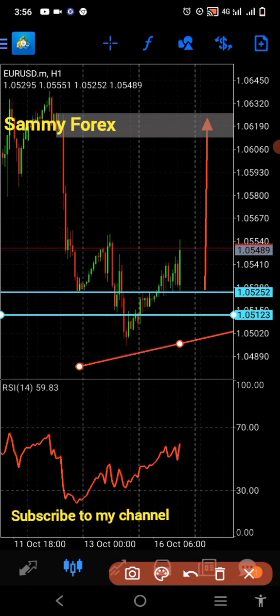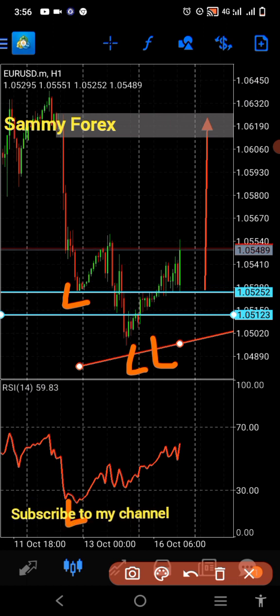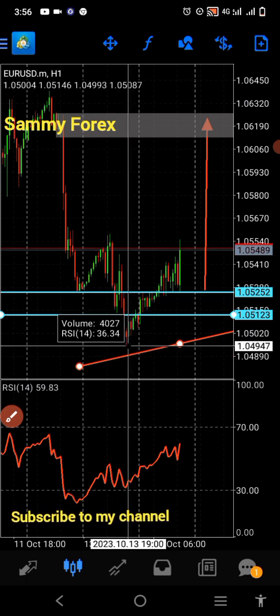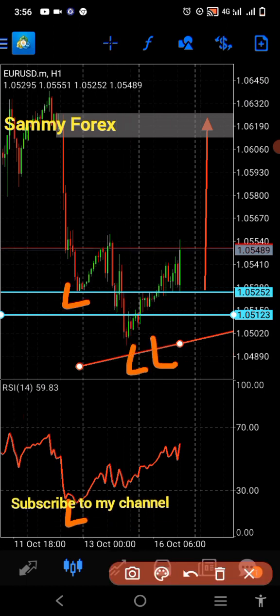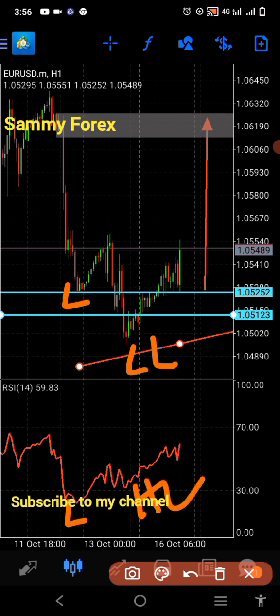Now you can see this is one of the lows, and this is the corresponding low. Price had a lower low, but on the oscillator, if you look at the crosshair, we had a higher low. If you don't understand all this, go to my book.